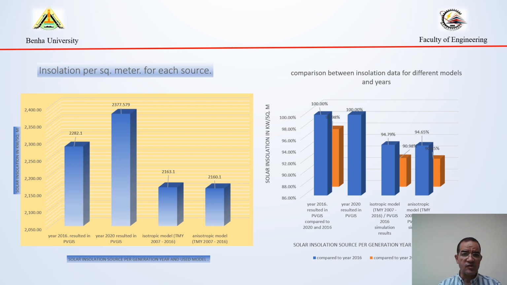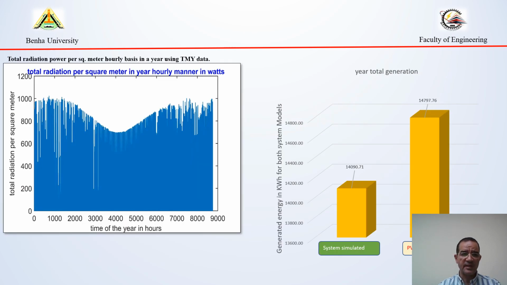This is the insolation per square meter for each source and comparison between both studies. This is the total radiation per square meter hourly basis in a year using TMY data. And this is a simulation comparison between the PVGIS Monnier model and the system simulated model.